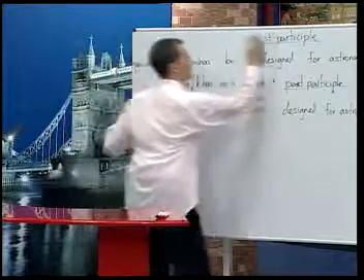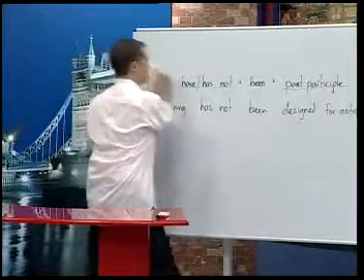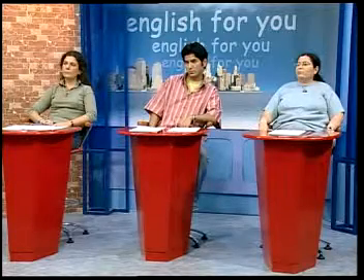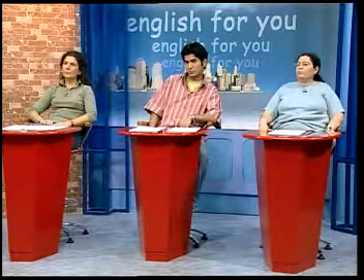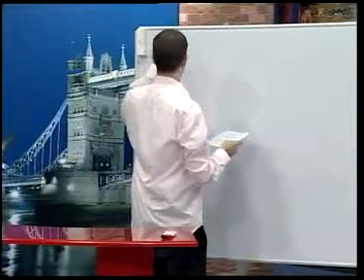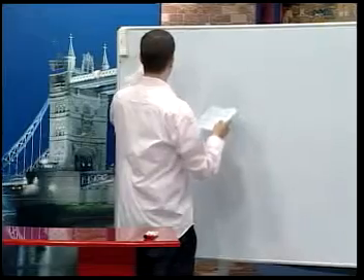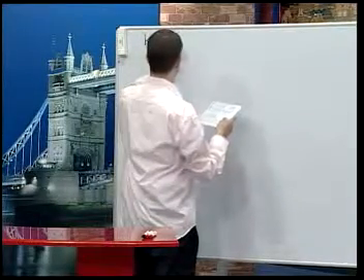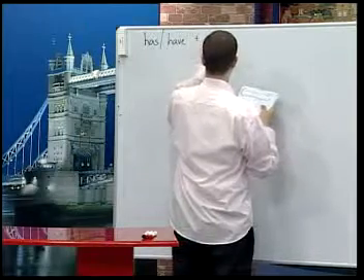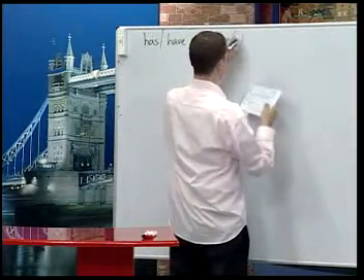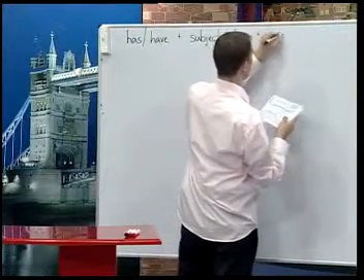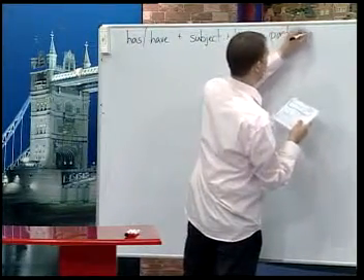Okay, let's take this off the board and have a look at yes-no questions. So, a yes-no question using the passive voice of the present perfect, we use this formula: has or have, plus subject, plus been, plus past participle.